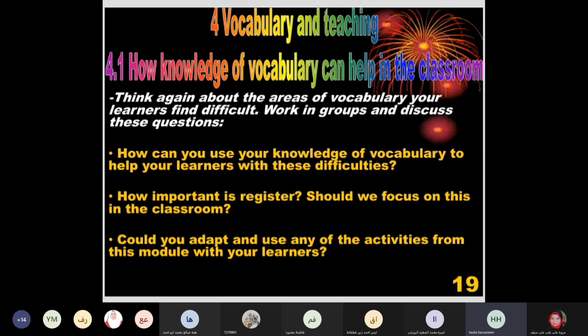Also, to read the text and try to find the meaning. Excellent. I think the activity that we did online was very interesting. But of course, we can't do it in the classroom. You can do it in the classroom.